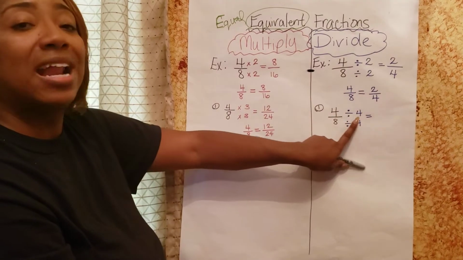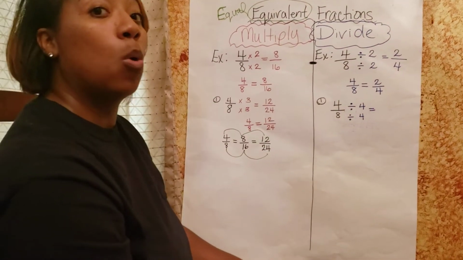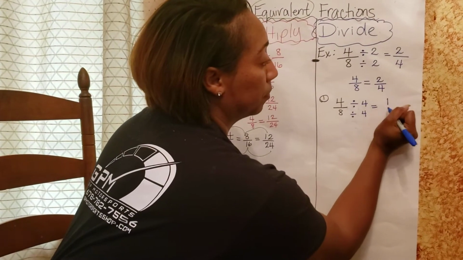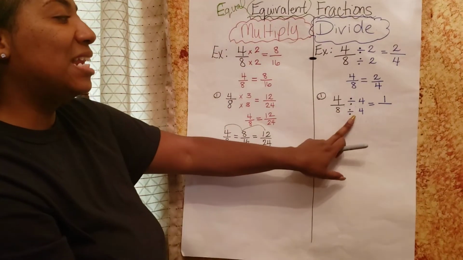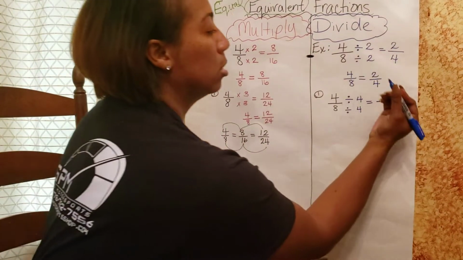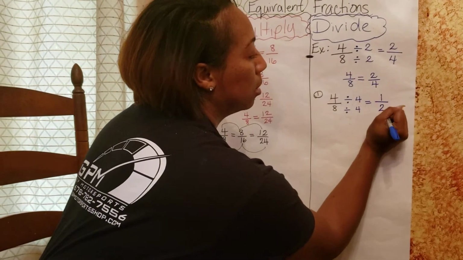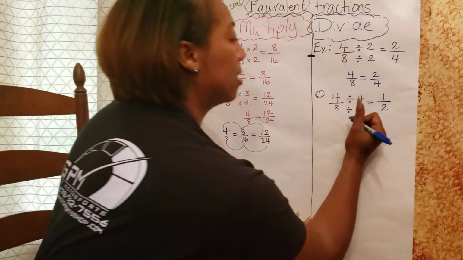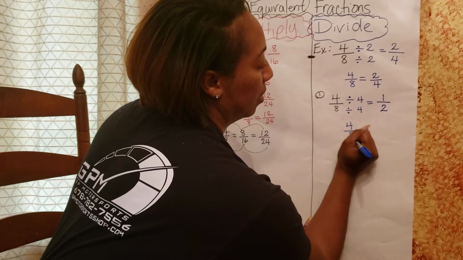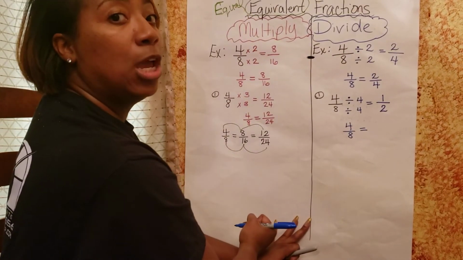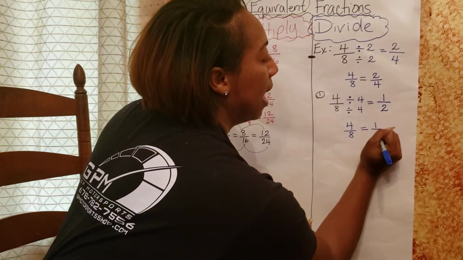And 4 divided by 4 equals 1. And 8 divided by 4 equals 2. So 4/8 is equivalent or equal to 1/2.